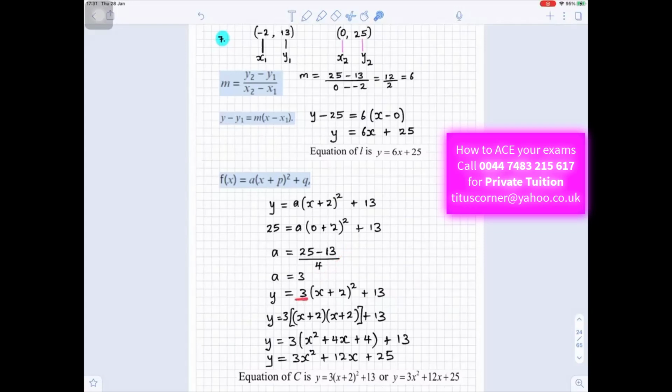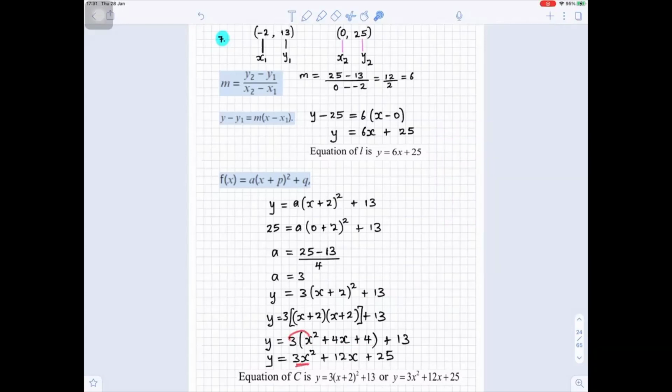So a is 3, bracket x plus 2 all squared plus 13. We can expand this. X plus 2 squared is the same as x plus 2 times x plus 2. When you expand that, it gives you x squared plus 4x plus 4. Now you remove the bracket. 3 times x squared is 3x squared. 3 times 4x is 12x.